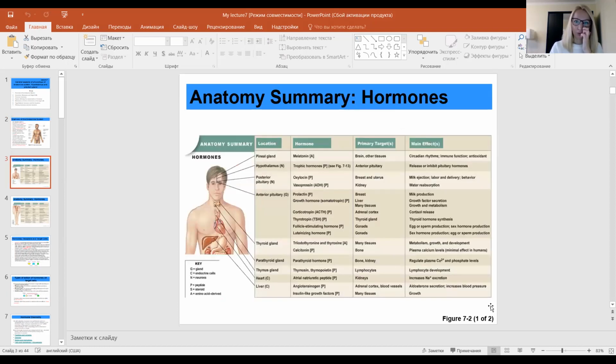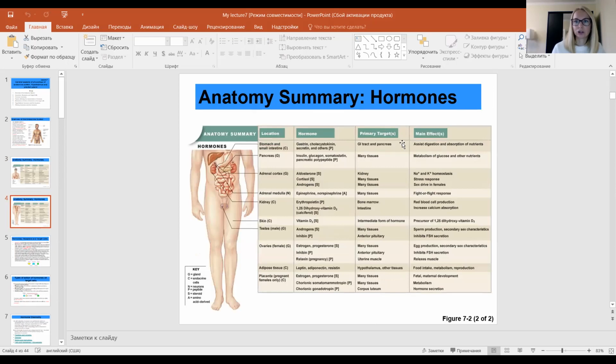Here you have a table with the list of all hormones that are secreted in our body, the target cells and the main functions. We will be discussing in detail about each of them during today's lecture and next week's lecture.